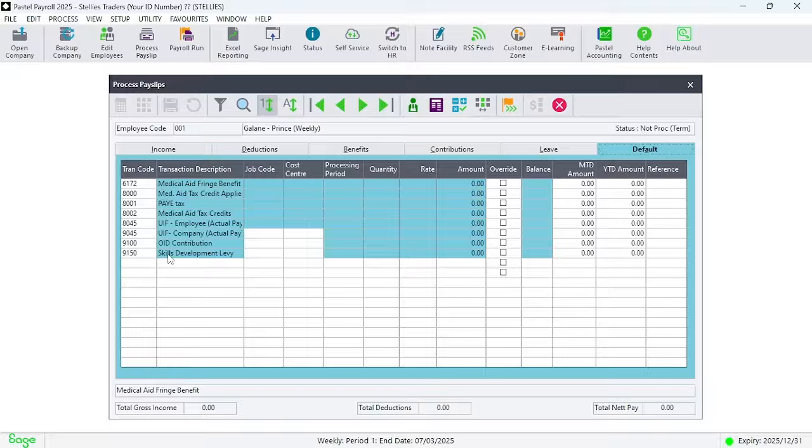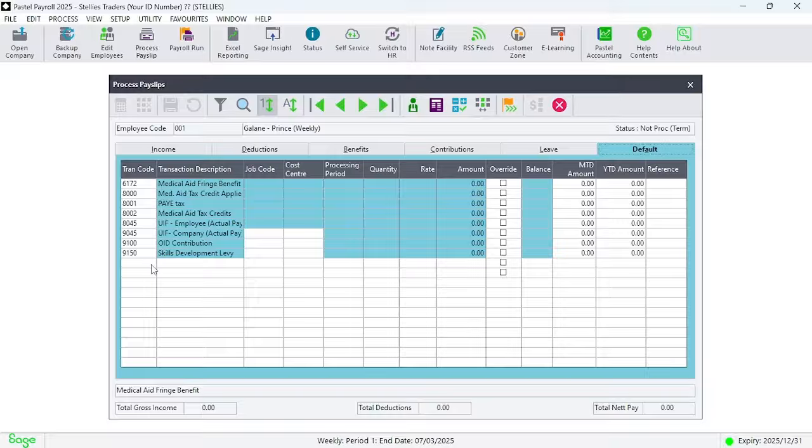Now, a quick look back to page 6 will, to refresh our memories, we will notice that there's print on payslip for pension code 9000, medical aid 9091, leave accrual 9120, and bonus accrual 9142.